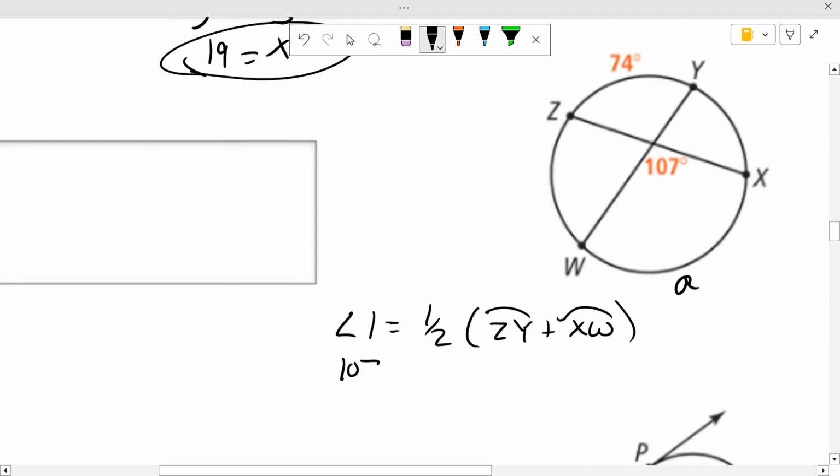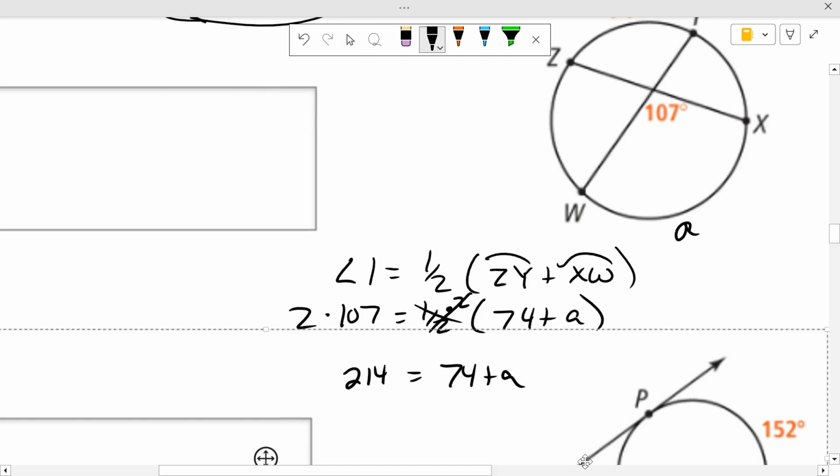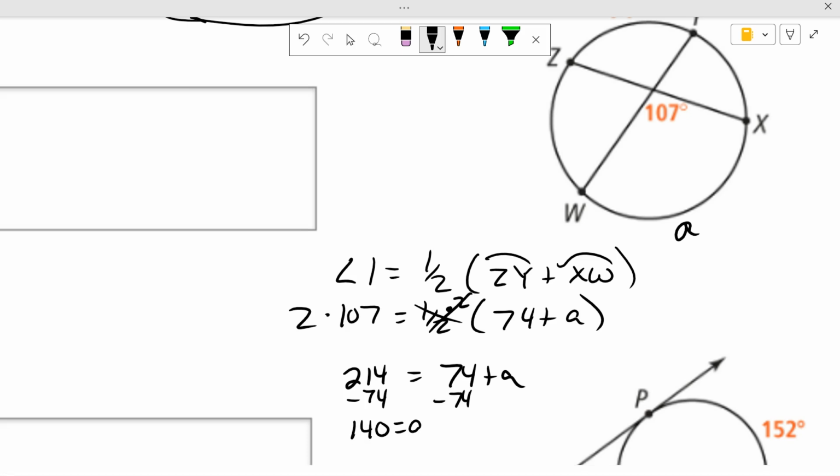So 107 equals 1/2 of 74 plus A. Again, I want to solve for this. I got a 1/2. I don't want to mess with fractions, so what do I multiply both sides by? 2. We multiply by 2, that gets rid of that. I get 214 equals 74 plus A. How do I get A alone? Minus 74. So 140 equals A. So this is 140 degrees.